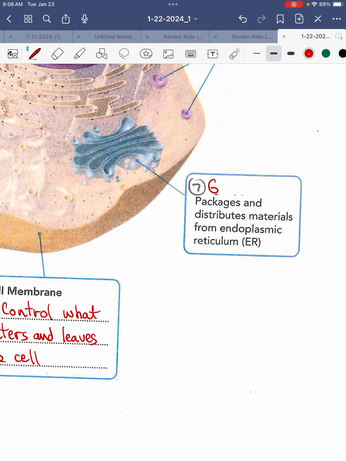Here we've got that Golgi apparatus again, which packages and distributes materials from the endoplasmic reticulum. So whatever is made in the endoplasmic reticulum, it'll send it to the Golgi apparatus or Golgi body, which then packages it and sends it to other parts of the cell, or it can send it outside of the cell to other cells or to the bloodstream or to wherever it is needed.